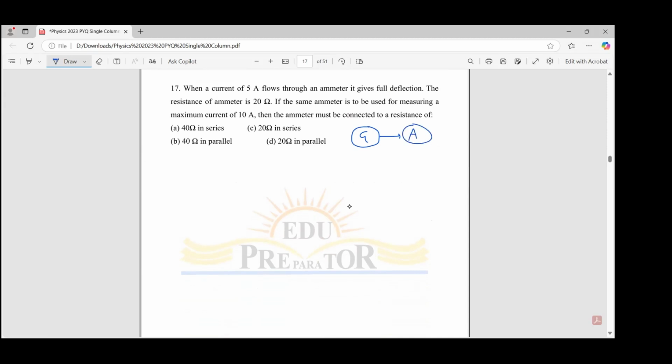So, we know that the value of shunt resistance S is equal to the galvanometer current for full scale deflection, Ig, divided by I minus Ig. The second important point which should be kept in mind is that S is connected in parallel. It's very important, because this question involves the same value for series also. So by mistake, the student may mark this answer.